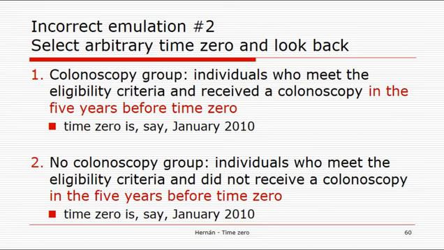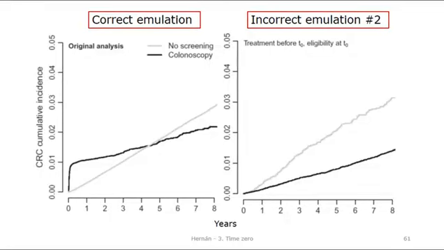This paper was published in a good medical journal. Anytime you see this, again, a red light should go on in your head, because now they are defining the eligibility criteria at some time zero, but they are using treatment that happened before time zero. We are going back to the hormone therapy example. This happens over and over and over in the medical literature. If you do this, you find this.